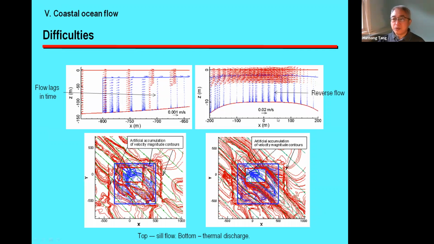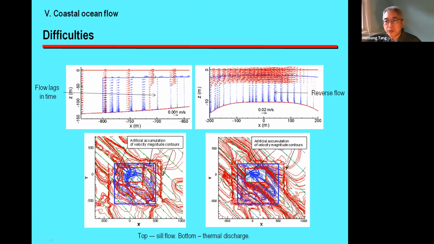I have been presenting many successful examples just now. However, you can imagine the coupling is not easy, especially when we talk about flow. Their PDEs are complicated. When you couple them, it becomes more difficult to solve and simulate. So we face a lot of problems and challenges. Here is one example. This flow is coming this way. The red one is a subdomain, and the blue one is another subdomain.